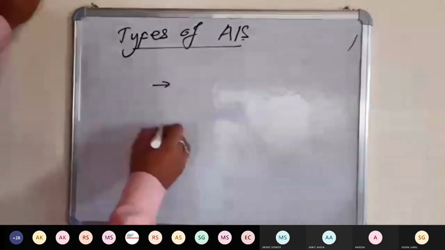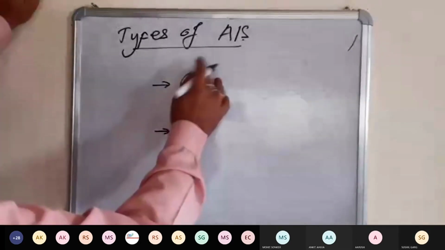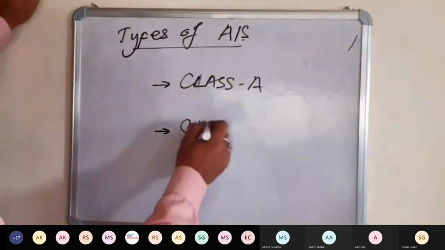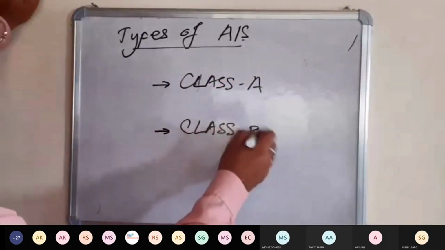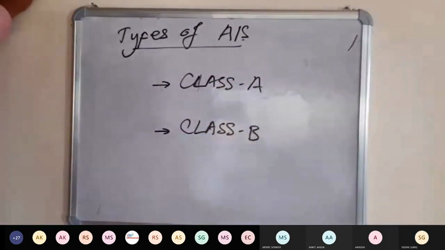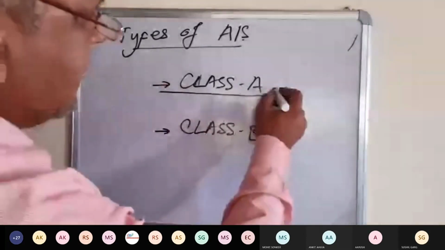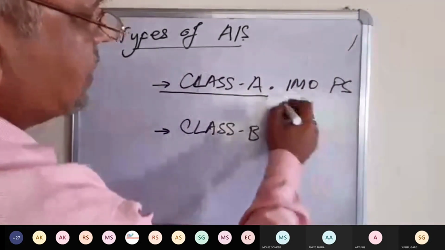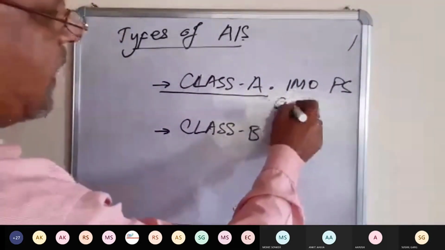There are two types which are in use, class A and class B. What is the main difference between the two? Class A is IMO performance standard compliant.